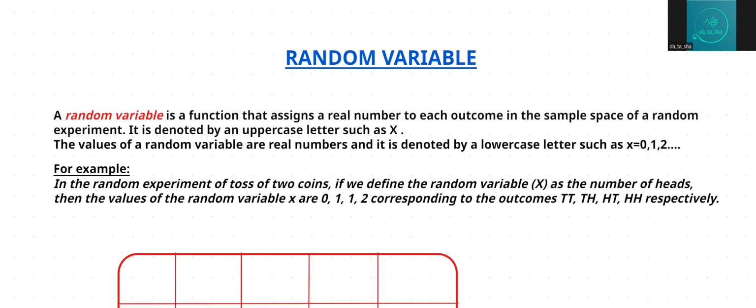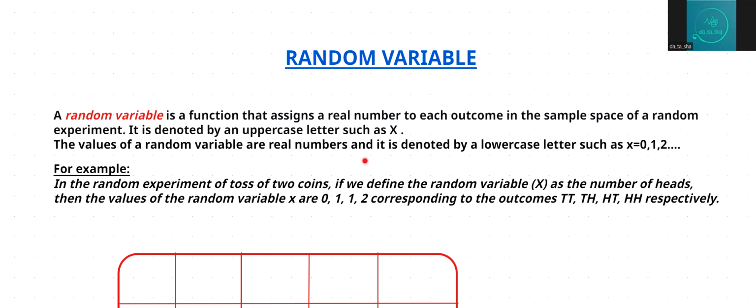So the values are always denoted by a lowercase letter like small x, small x is equal to 0, 1, 2, and so on. So we have to remember the notations here that a random variable is always denoted by capital X.